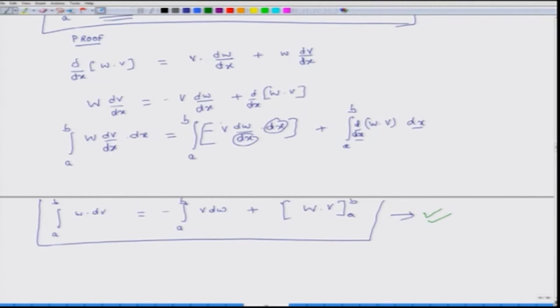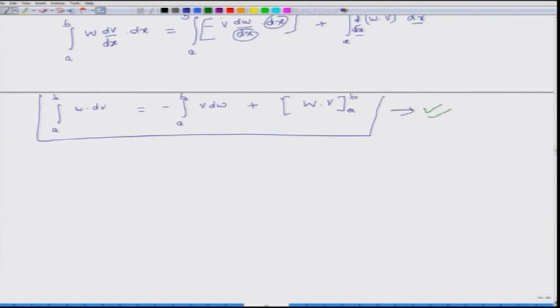Now this is a very important equation from standpoint of finite element method, and we will see its impact today itself. What it does is that it transfers the differentiability. Here v has been differentiated, that differentiability has been transferred to w. And then of course we have the boundary terms.